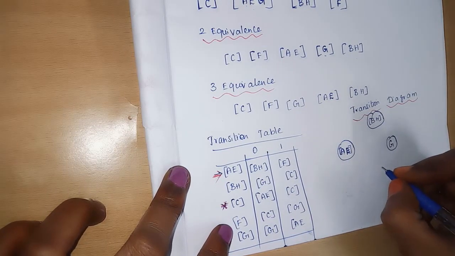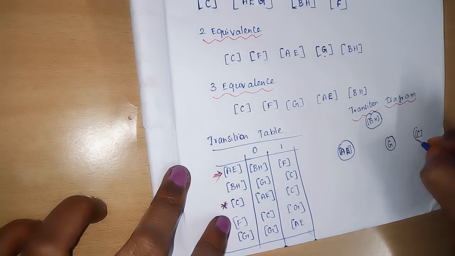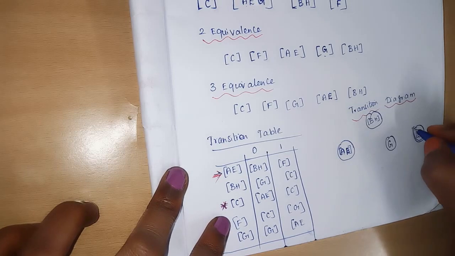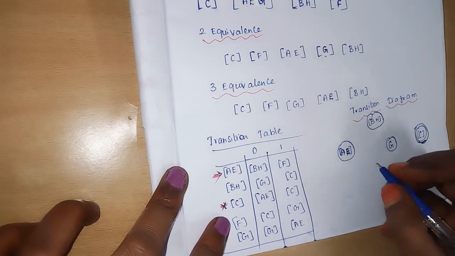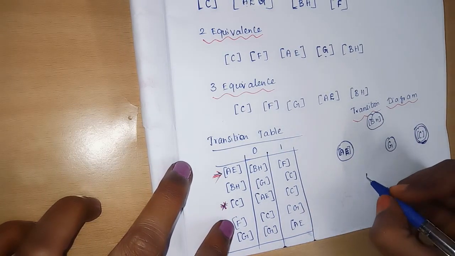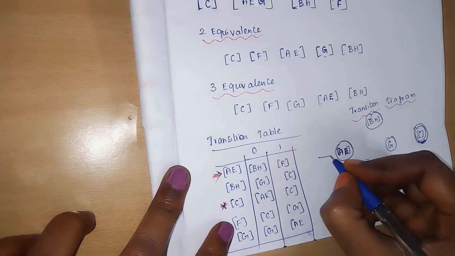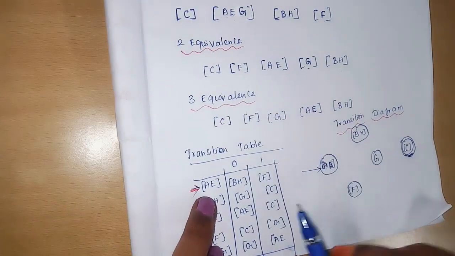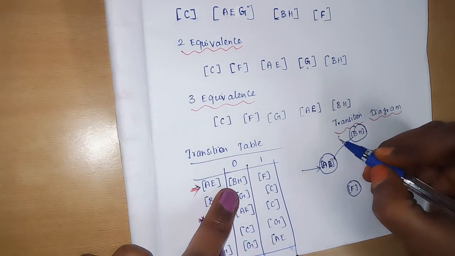So this is our final state. C is a final state. So we have to put it in a double circle, and for F, right? F is present over here, right? Okay. So this is the start state, and on AE, on 0 it is going to B, right?